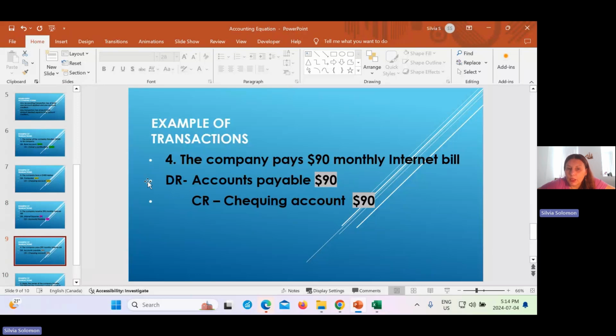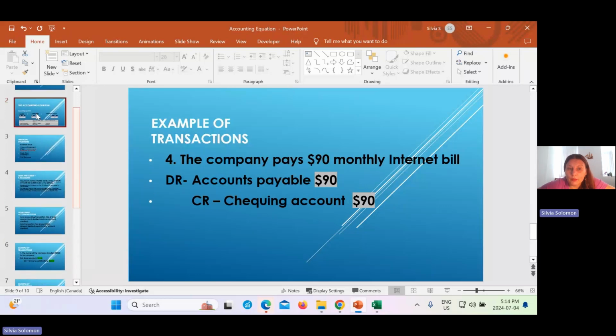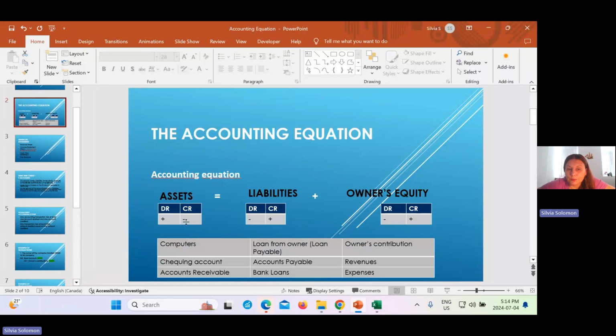And we're going to pay, let's say, the bill by direct deposit. Okay, we're going to take the money from our bank account. So our bank account is going to decrease.